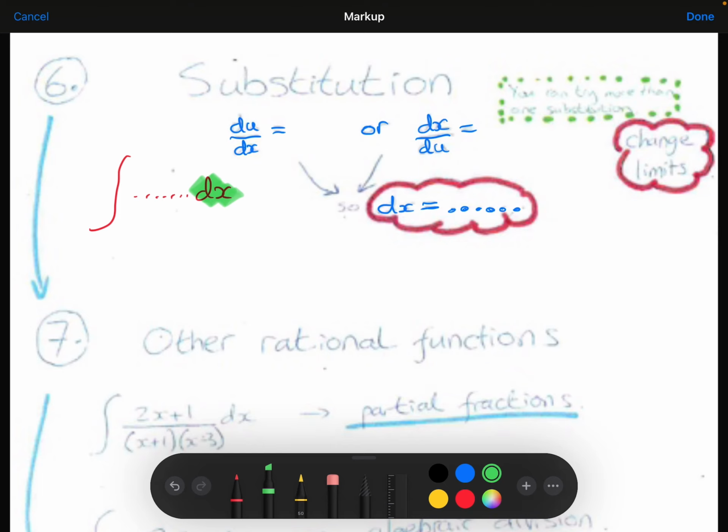That's the key. So you are always going to be differentiating either to find du by dx or dx by du. You want to differentiate first, then rearrange to make dx the subject so that you can swap the dx. That's the most important thing about integration by substitution.